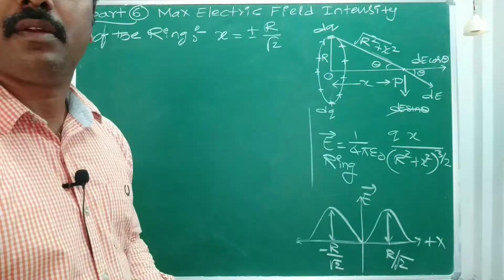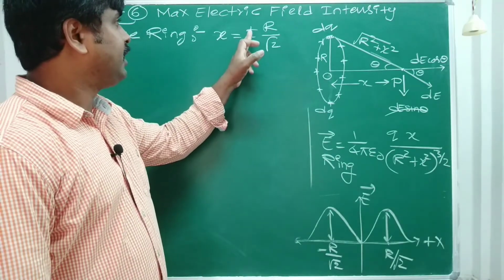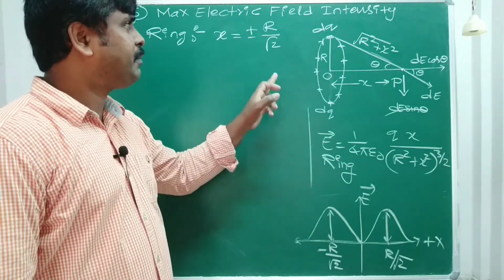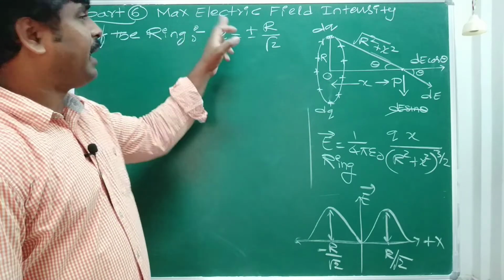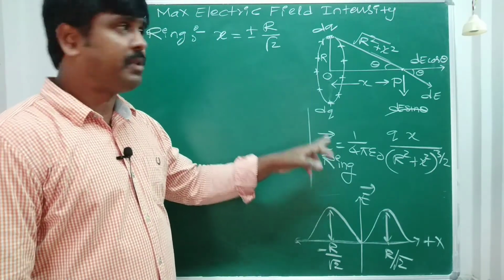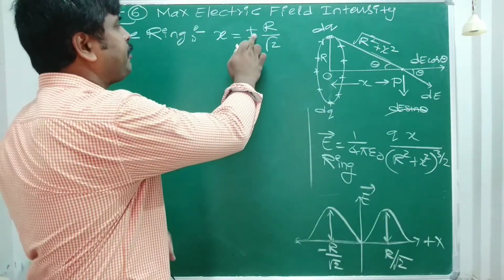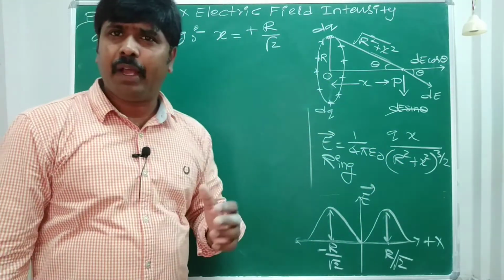So we got x is equal to plus or minus r divided by root 2. We wanted to find the maximum electric field intensity, so replacing in this equation where x is equal to r divided by root 2, the plus value I am considering.